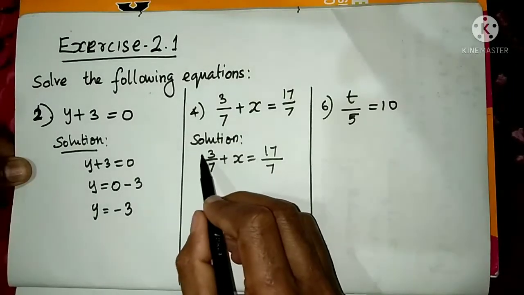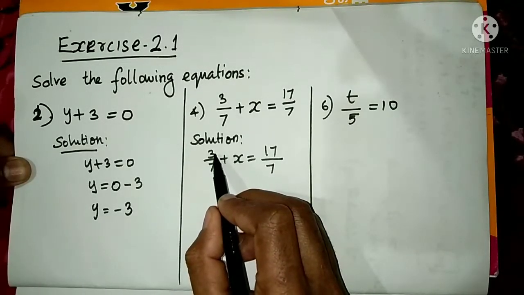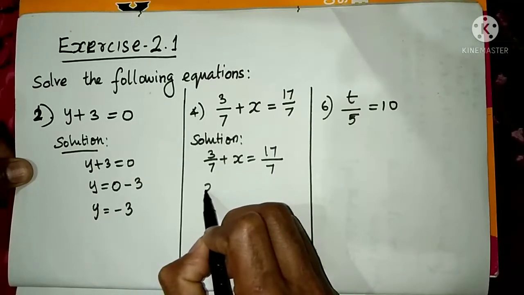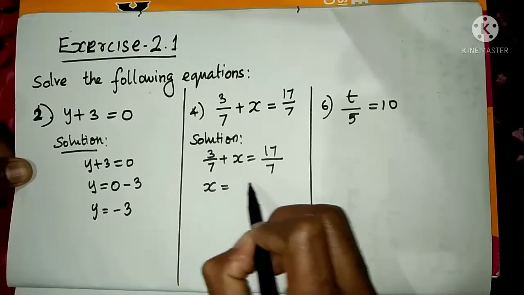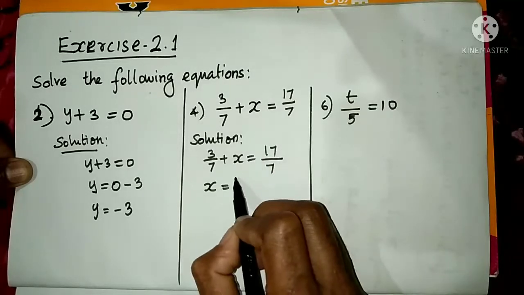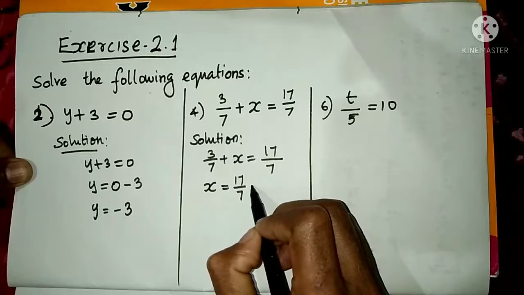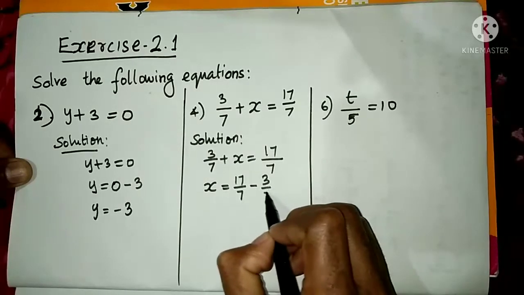Now we can send this 3/7 to the right side. So we get x is equal to, already in the right side 17/7 is there. When we send this, it becomes negative 3/7.